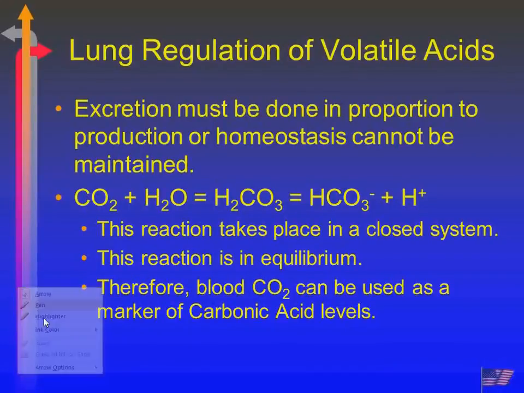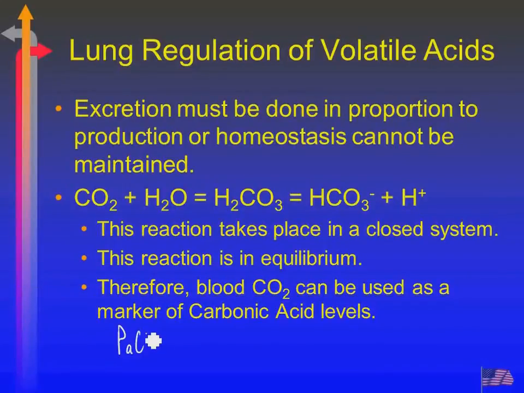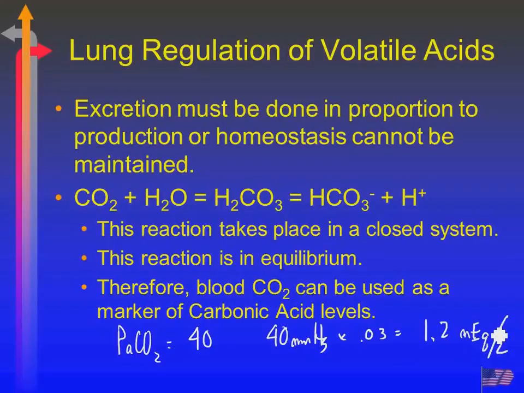If I have a PaCO2 of 40, I take that 40 millimeters of mercury times 0.03, and I have 1.2 milliequivalents per liter of H2CO3. Does that vaguely sound familiar?